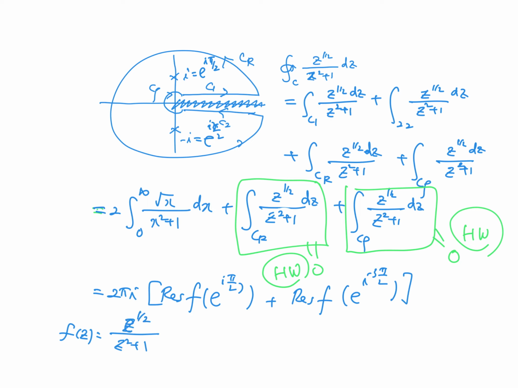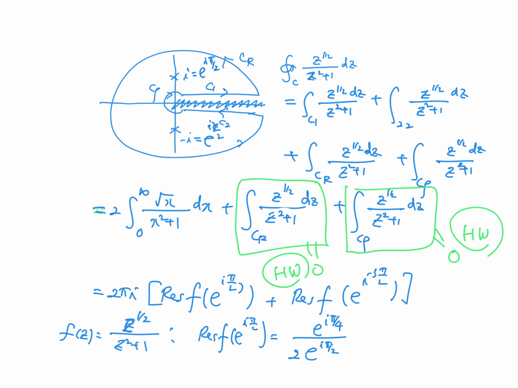So the first residue, residue f at exponential I pi over 2, is simply exponential of half of I pi over 2, that is exponential I pi over 4, right?